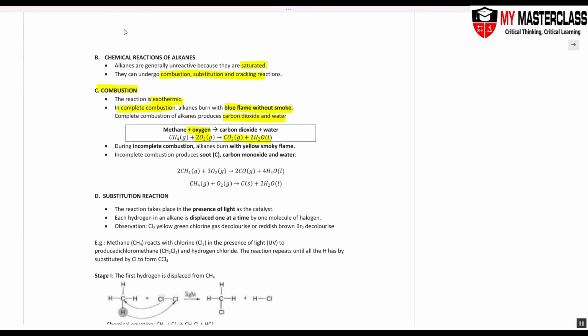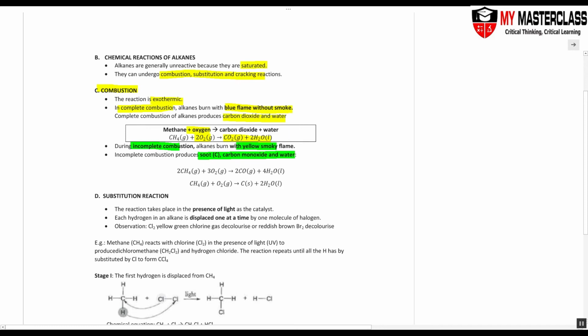Incomplete combustion will produce a yellow smoky flame. If you close your Bunsen burner air hole halfway, less oxygen enters, and you will see a luminous yellow flame. Incomplete combustion will produce soot, carbon monoxide, and water. Soot is the burnt stuff that you see when you go barbecue, the black stuff. That's your soot or carbon.